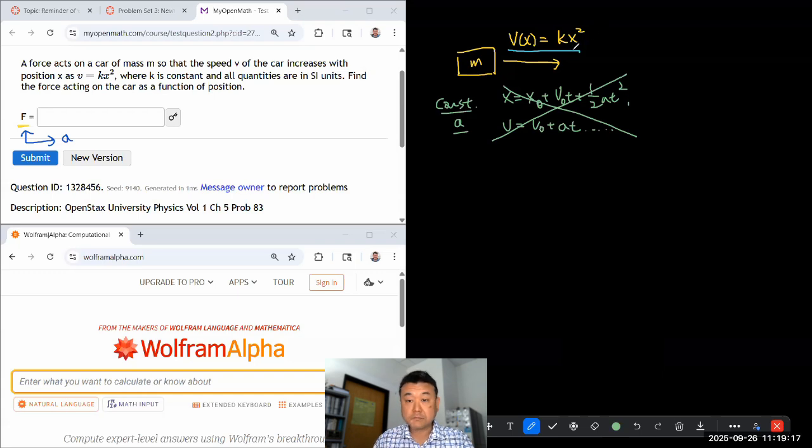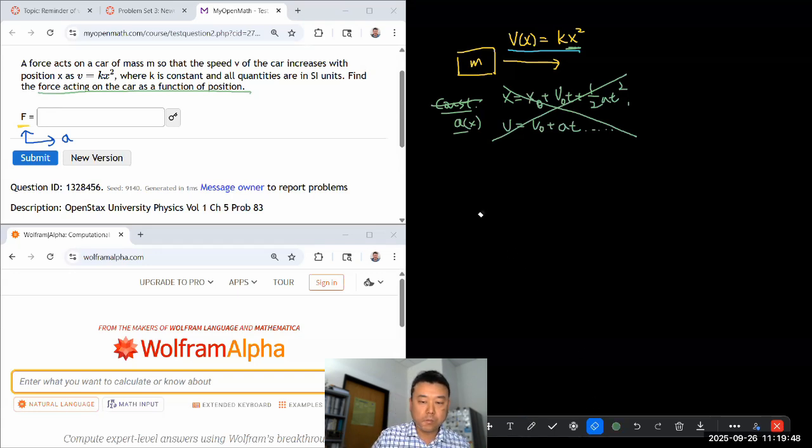Here, one, you're not told that you have constant acceleration. Two, everything in the question should be hinting that these things are functions of position. So acceleration, rather than being constant, will be a function of position. But through the relationship of position to time, it'll be a function of time. So if you are thinking about using kinematics formulas, it does not work.